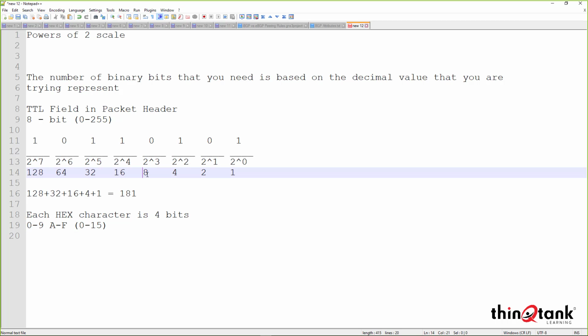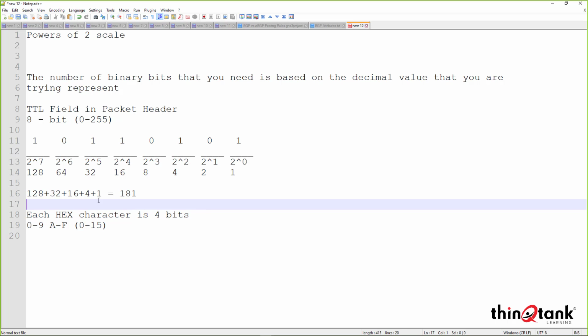Well, guess what? 8 plus 4 plus 2 plus 1 is 15. So to represent the high end of the scale, which is F, I would need ones in all 4 of these positions. To represent the low end of the scale, which is 0, I would have all zeros in those 4 positions. That means I don't need 5 bits to represent hexadecimal numbers. I only need 4 bits. Does that make sense?